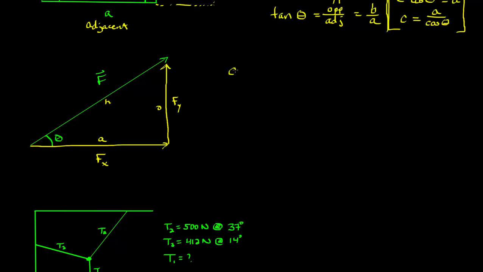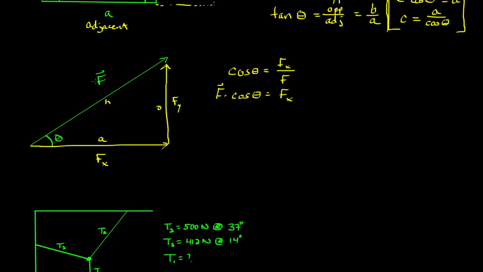So I get the cosine of theta is going to be the adjacent, which is F in the x direction, my x component, divided by the force. Rearranging this, I get force times cosine theta equals the force in the x direction. And this is the magnitude of the force, whatever it is. And that would be my Fx.